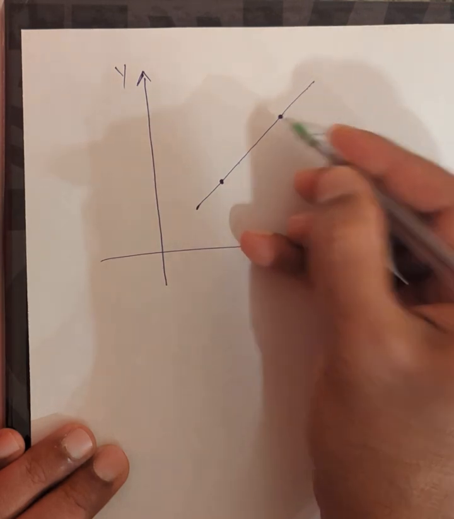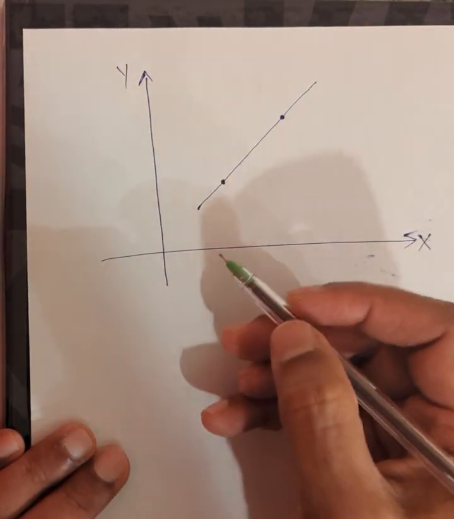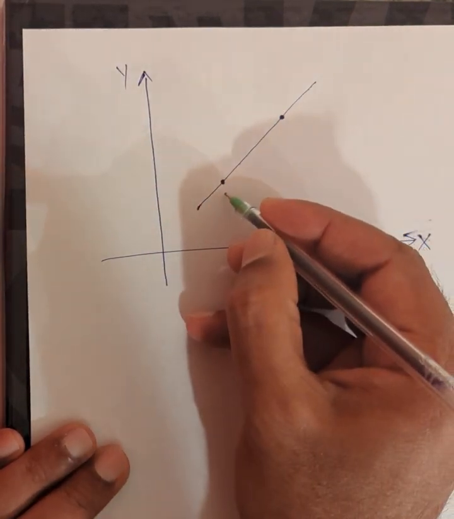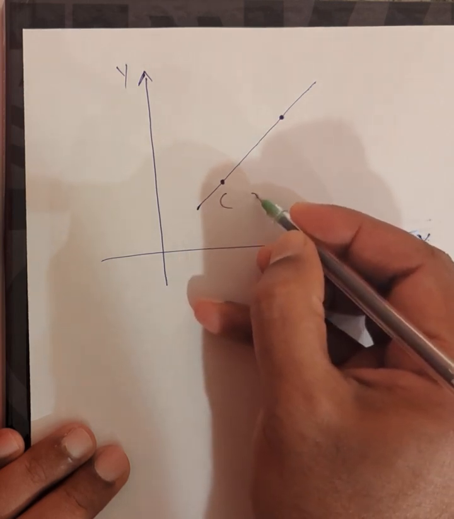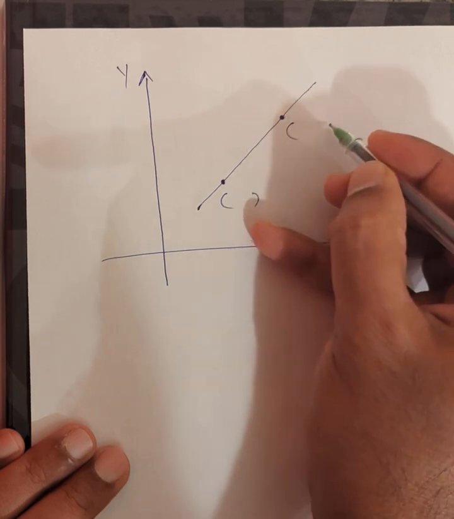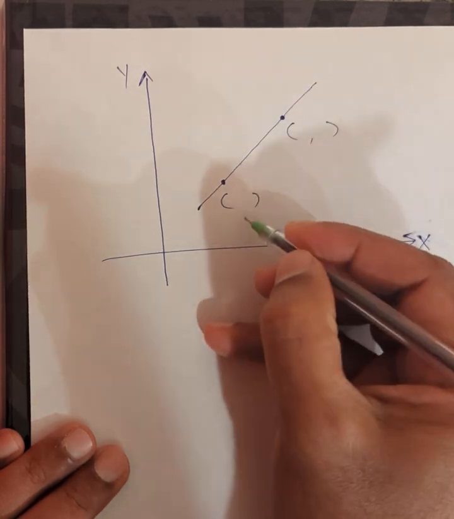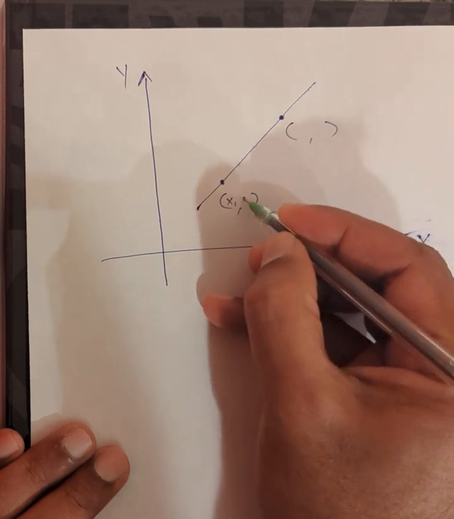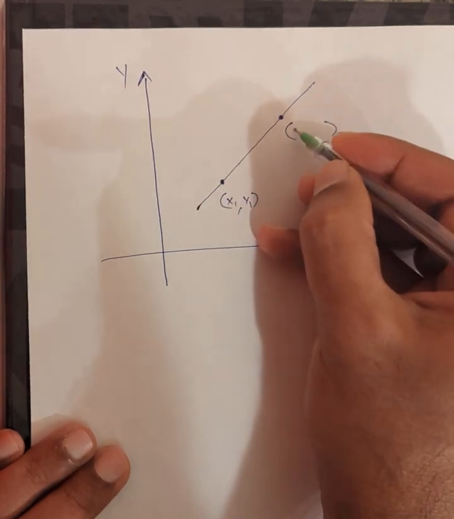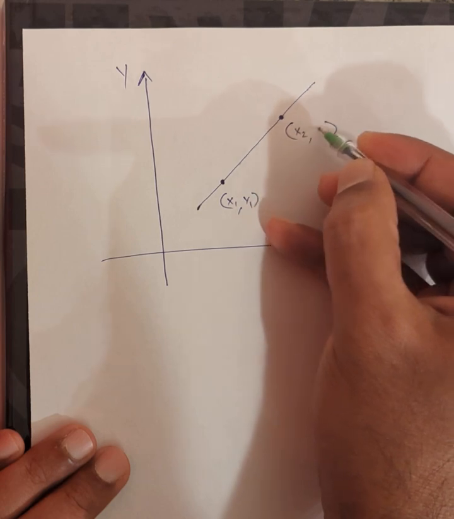Now, I don't want to take any specific numbers. So let's say this point has coordinates, and I don't want to use x, y either because there are 2 points. So I need coordinates for both of these. So let me call this x1, y1, and x2, y2.